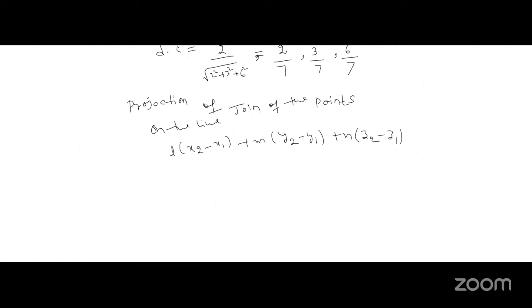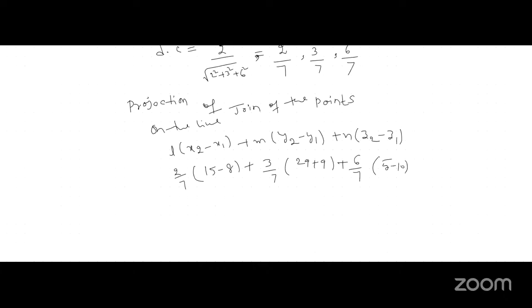So that we are getting 2 by 7 into (15 minus 8) plus 3 by 7 into (29 plus 9) plus 6 by 7 into (5 minus 10).